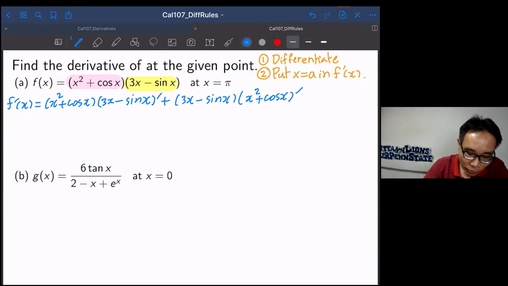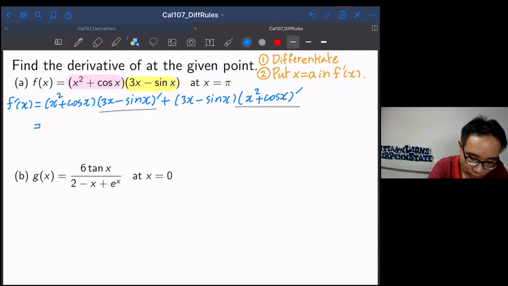So you need to find the derivative of these two.